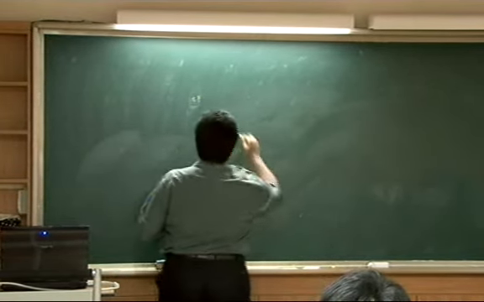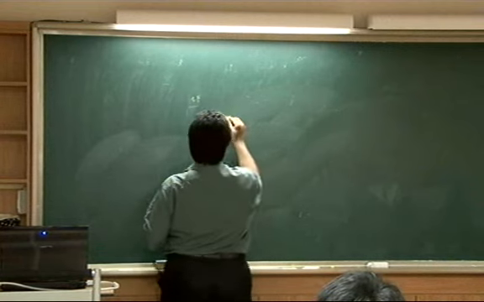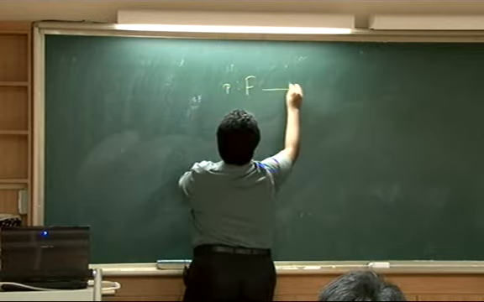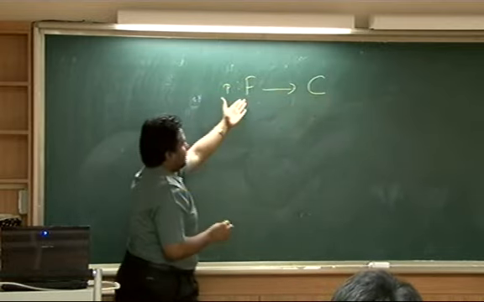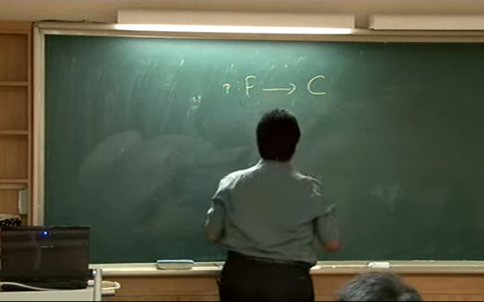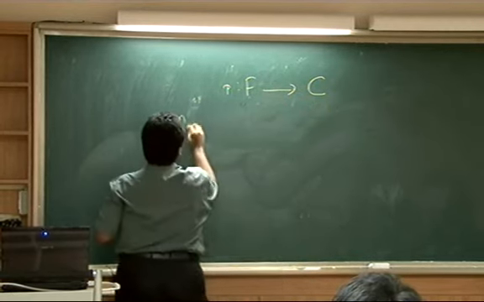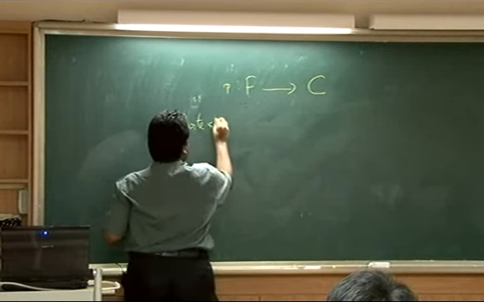So what does that mean? Suppose I have a functor between these two categories. What do I mean by this category F is fibered over this category C? To start with, you have to talk about what is a Cartesian morphism.